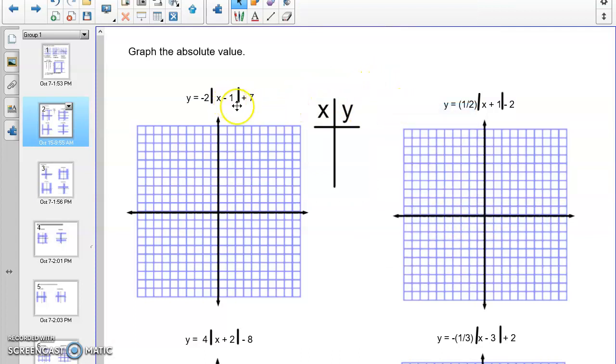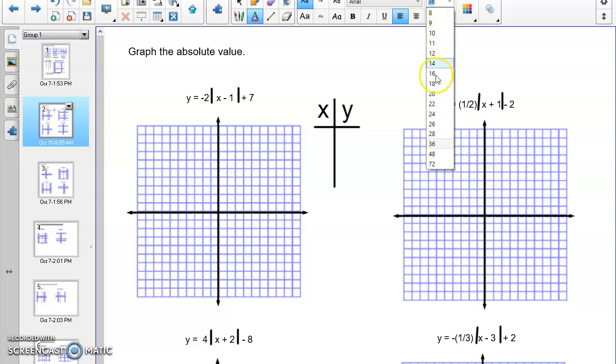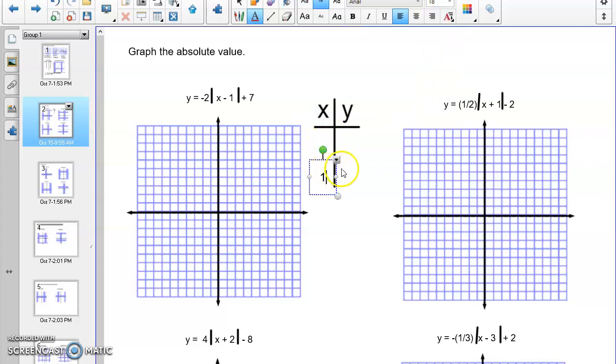Okay, so I always start with my vertex. So my vertex is going to be 1, 7. Remember, we change the sign of the x, we keep the sign of the y. So the vertex is 1, 7.